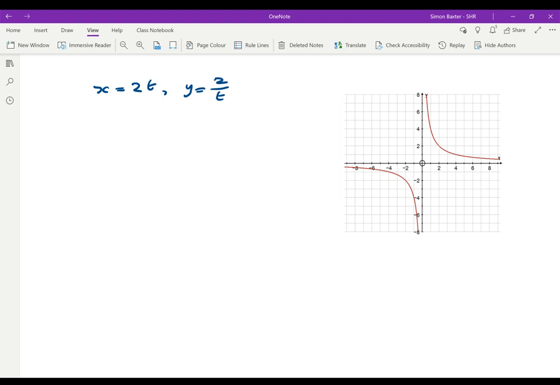Now, in this case, if we look at x times y, we get 2t times 2/t, which basically gives us that y equals 4 divided by x. This is a hyperbola.